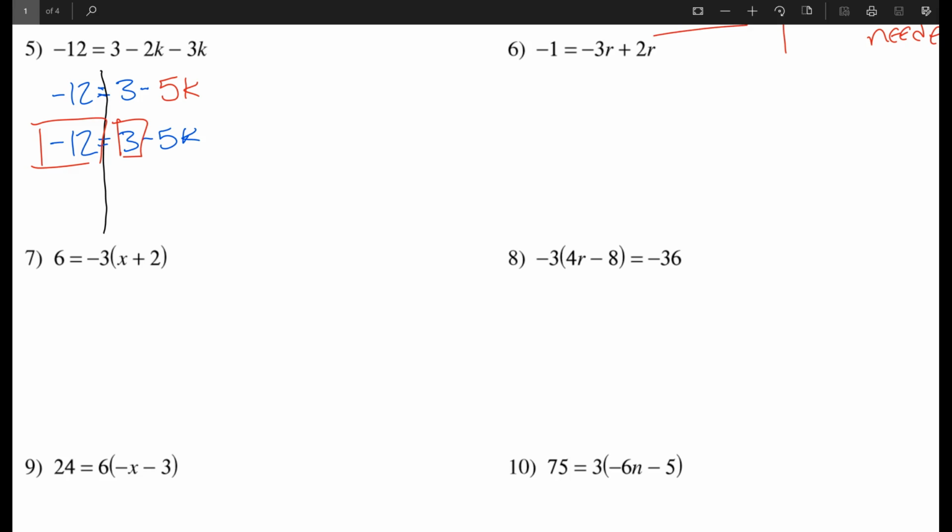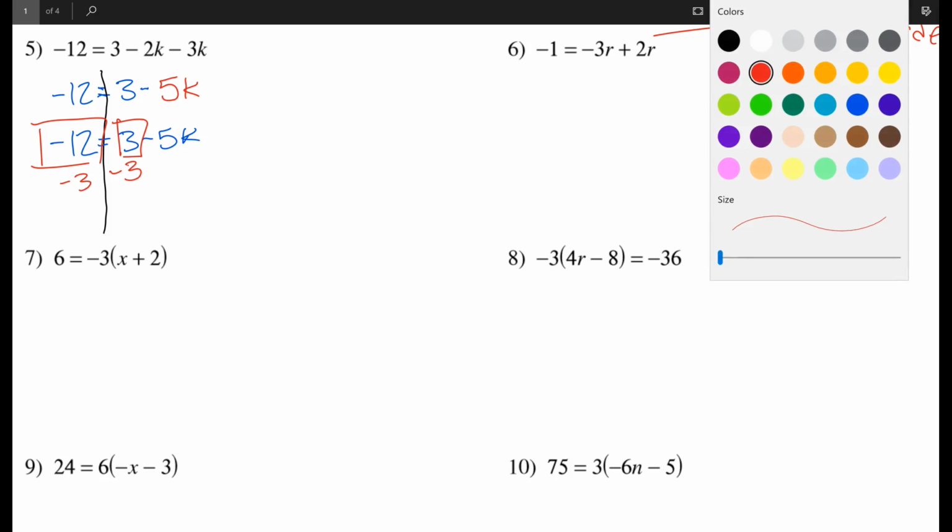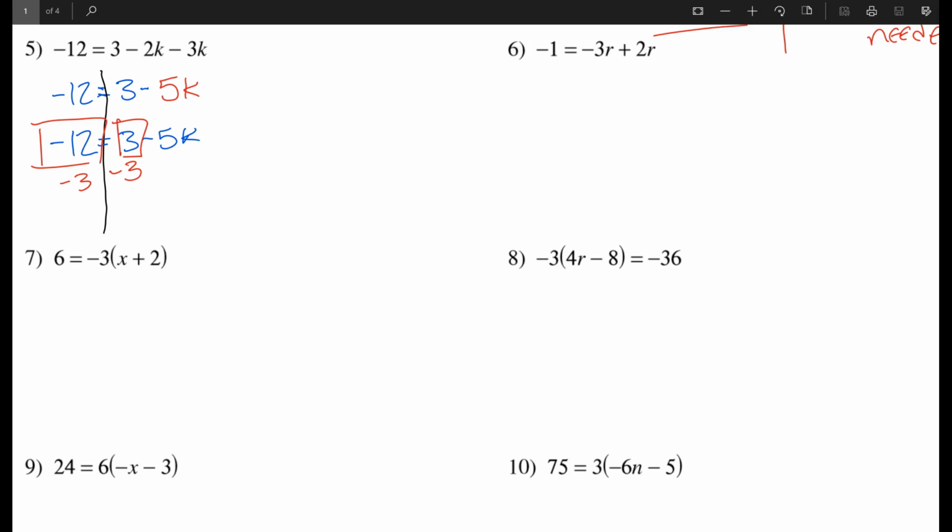The way I move the 3 away from the 12 is I'm going to subtract 3 from both sides, which then gives me negative 15 equals negative 5k. My next step is to move all variables to one side. That's already done. And my final step is to divide. So I'm going to divide by negative 5, divide by negative 5.